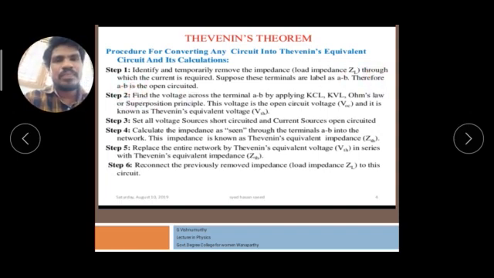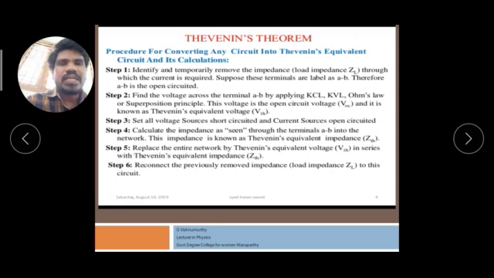Step 2, find the voltage across the terminal AB by applying KCL or KVL, Ohm's law, or the superposition principle. This voltage is the open circuit voltage VOC, and it is known as the Thevenin equivalent voltage, represented with VTH. And step 3, set all voltage sources short circuited and current sources open circuited.